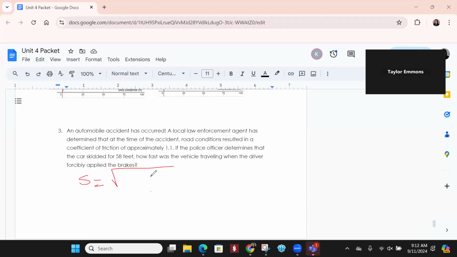What is the formula? S equals the square root of 30 times D times F. We're trying to figure out how fast the car was going, right? So we don't know what S is, what's the distance, 58, and what was our coefficient?